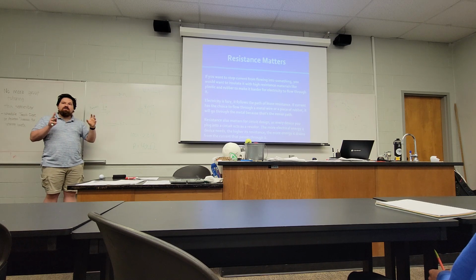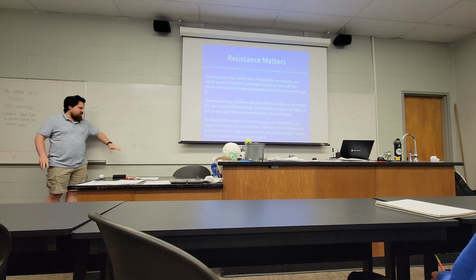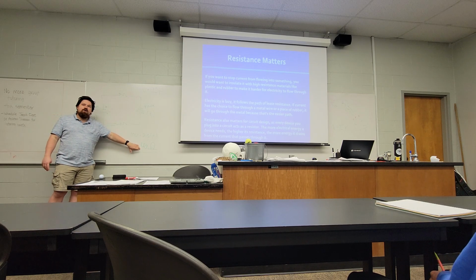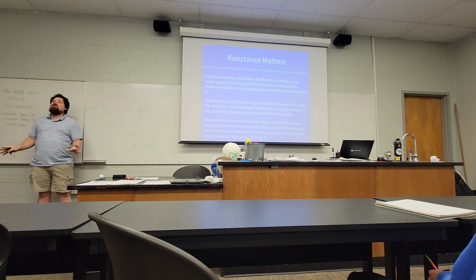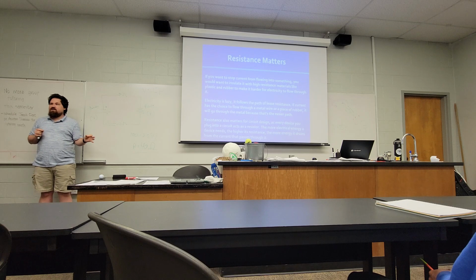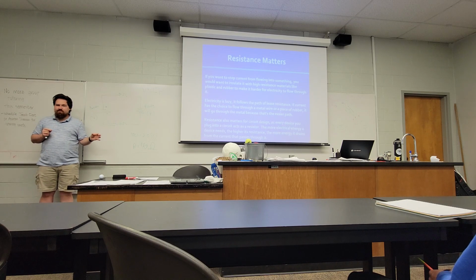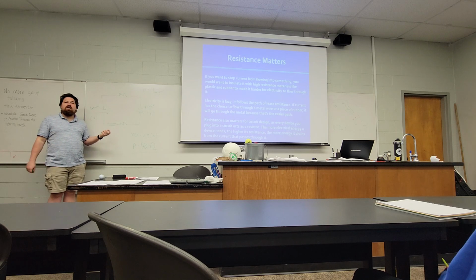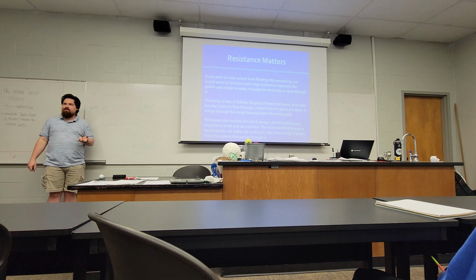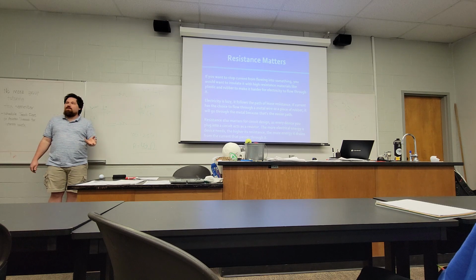If the electricity has a choice of flowing between easy 40 ohms versus 100,000 ohms, it's going to choose the 40 ohms, because electricity follows the path of least resistance. And that's why you're able to coat them in rubber and not get shocked even when you're touching them. Does that make sense? As long as you're not touching the metal part.